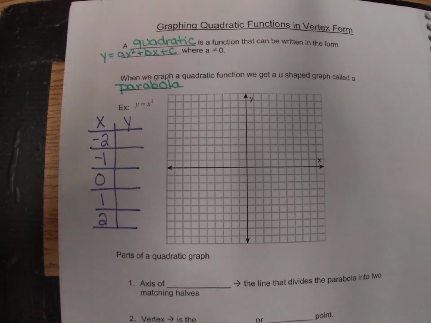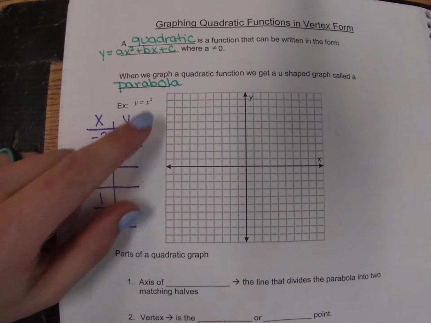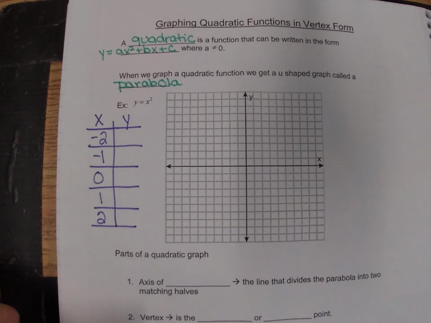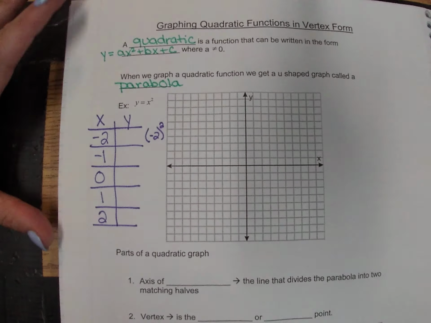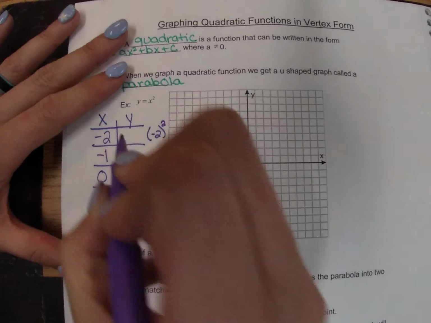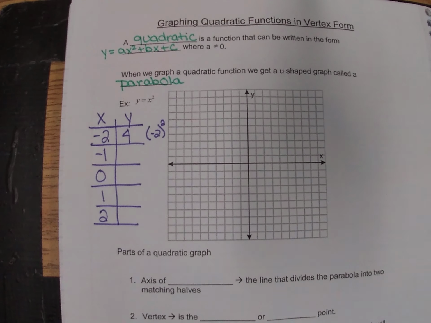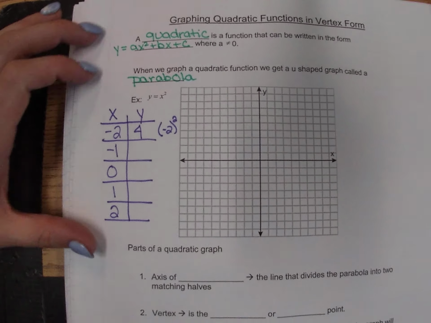And if we remember, when we wanted to find its corresponding output value, we would simply take this number and plug it in for x. So instead of saying y equals x squared, y now equals (-2) squared. And (-2) squared is +4. Remember, we have to have that -2 in parentheses, so if you're using your calculator, make sure that is in parentheses.